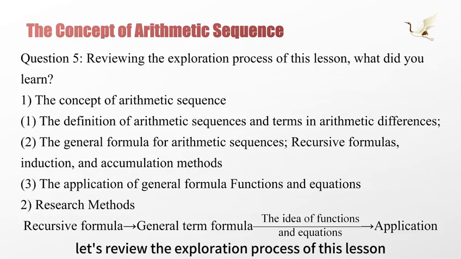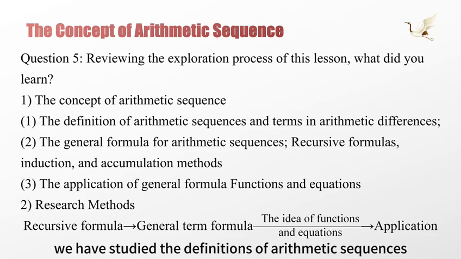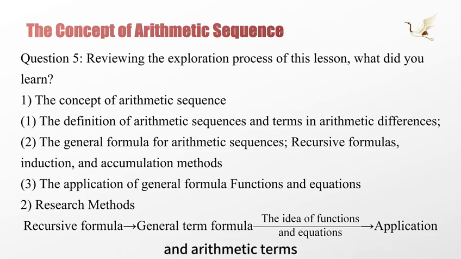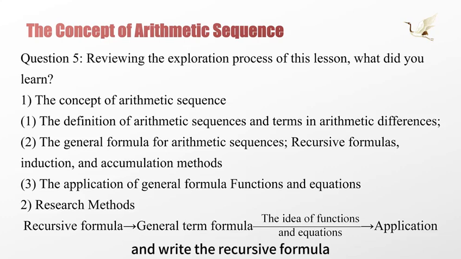Finally, let's review the exploration process of this lesson. What have you learned? From a knowledge perspective, we have studied the definitions of arithmetic sequences and arithmetic means, derived the general term formula, and applied it briefly. In this process, we started from the definition of arithmetic sequences and wrote the recursive formula. We derived the general term formula using both inductive and cumulative methods based on the recursive formula.